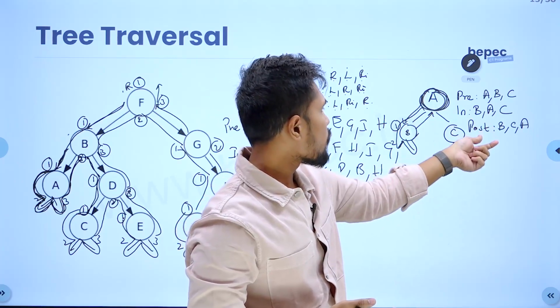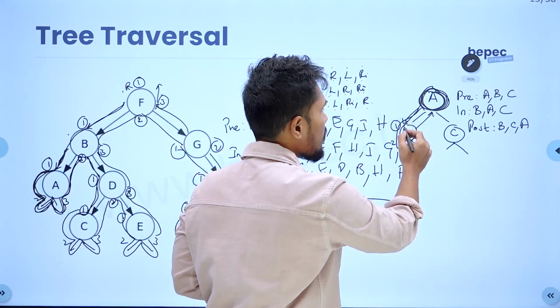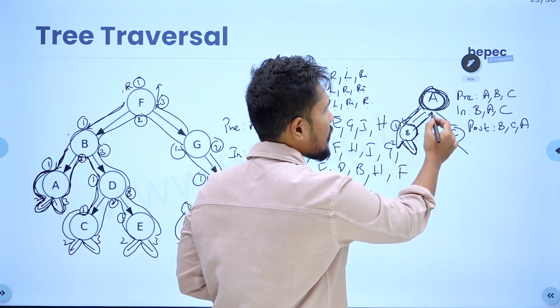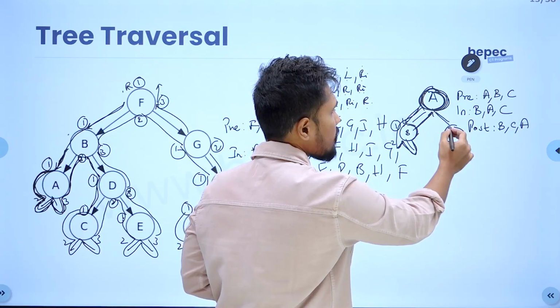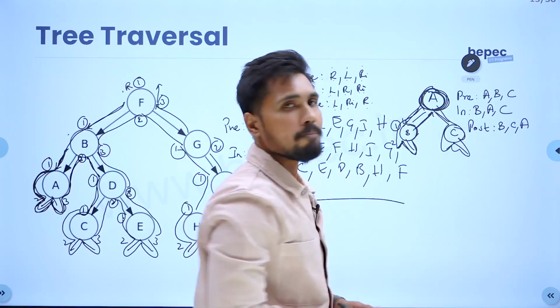And if you take post-order, third time, we get to B, and again second time and third time. So B is going to be first, then A second time, C first time, again C third time, and then we go to A.